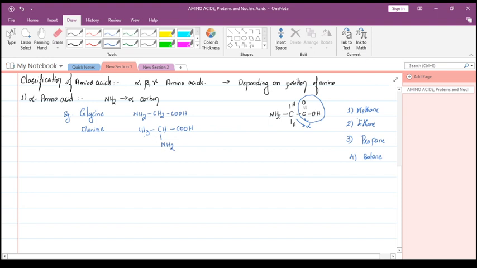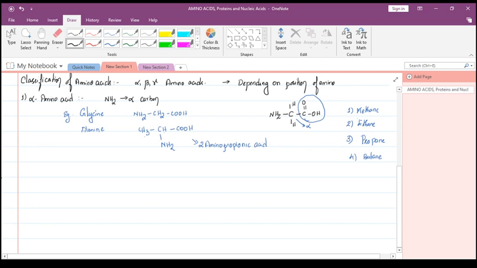In that, the second carbon is having the amino group. So it is called 2-amino propionic acid. This is an example of an alpha amino acid.